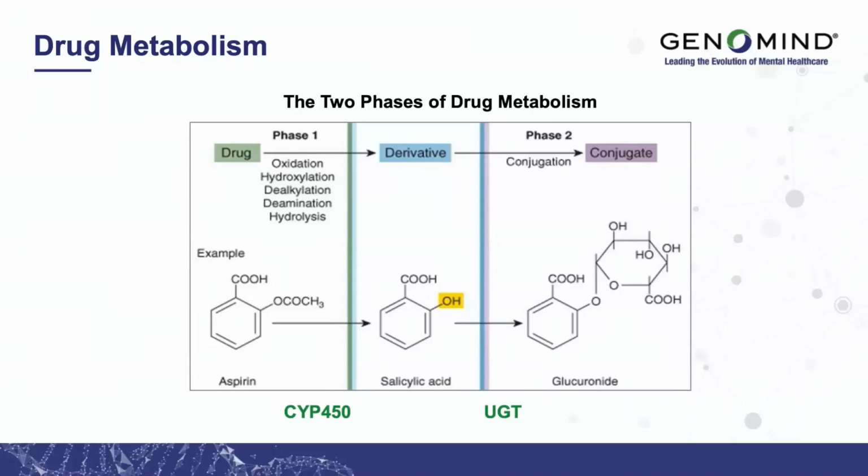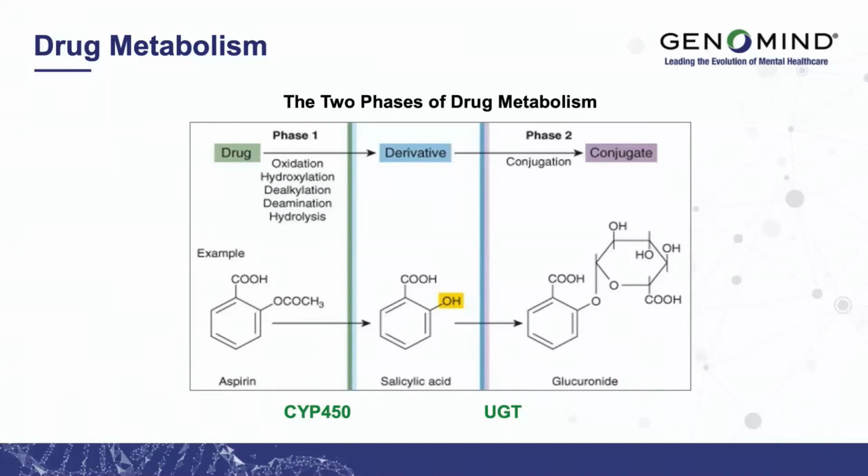So here's aspirin. It goes through phase 1 metabolism, becomes more water soluble, goes through phase 2 metabolism, and now this big, bulky glucuronide has been attached to it. So that usually deactivates a drug and makes it more water soluble.